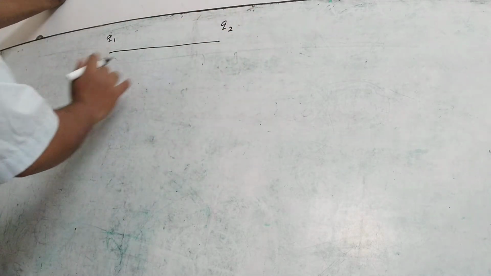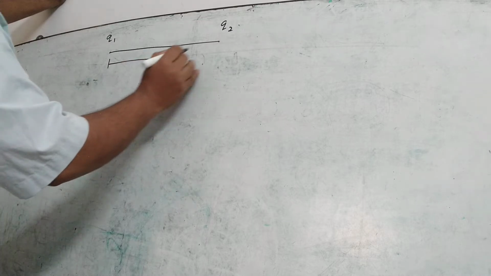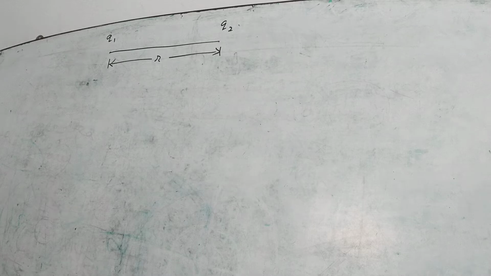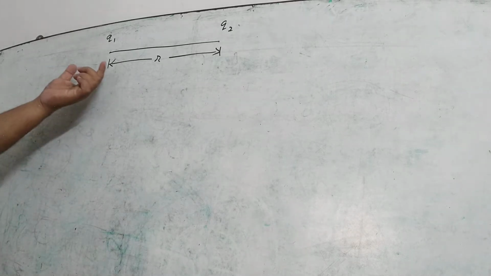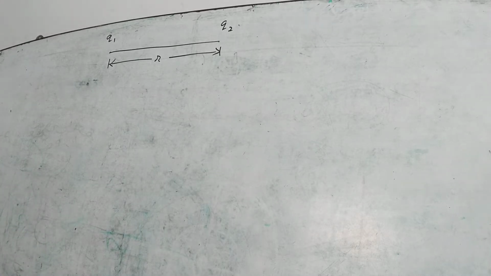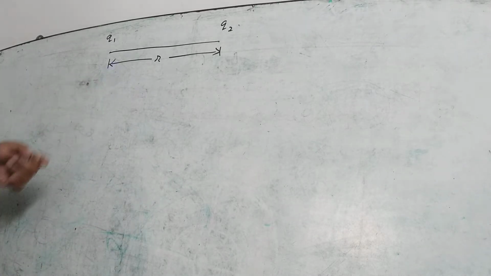Q1 and Q2 are two charges, and we already considered that the two charges are the same kind of charge. That means either they are both positive or they are both negative. Then they repel each other.